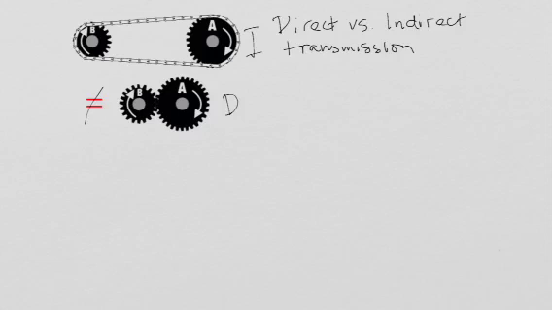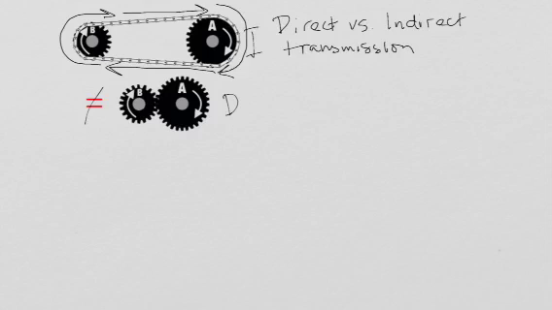Because when you have indirect transmission, if you want the wheels to turn the same way, put a chain in between them. Whatever motion gear A is going down this way, it's pushing the chain along, and it's going to have to push it in the same direction along the back gear. So we see the same motion.